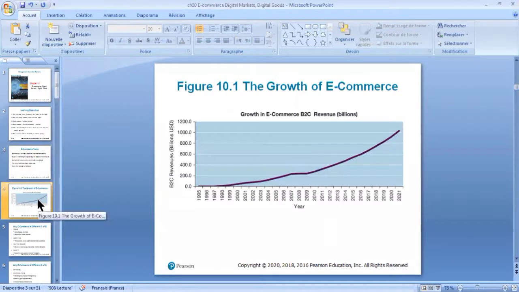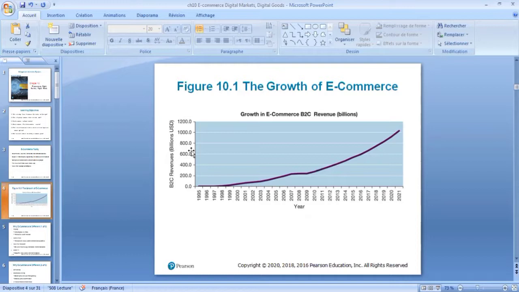This figure shows the growth of e-commerce. E-commerce has been on the scene since 1995. That's around three decades ago, and in that period, it has transformed the processes of buying and selling goods.